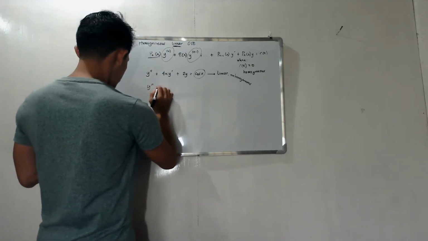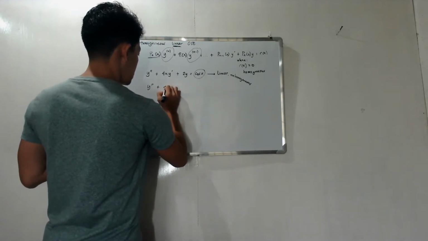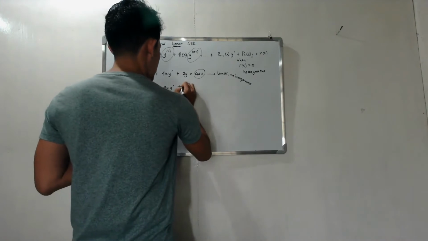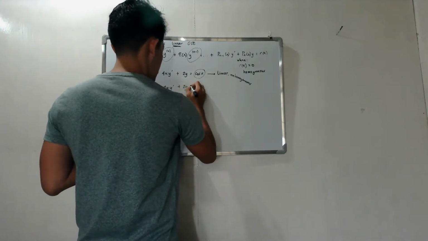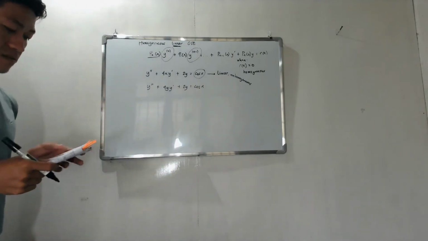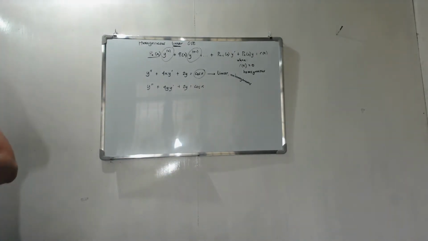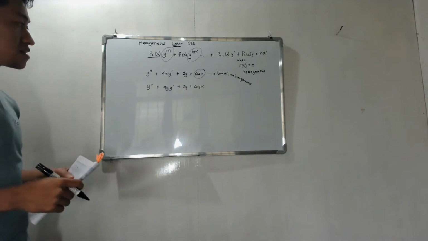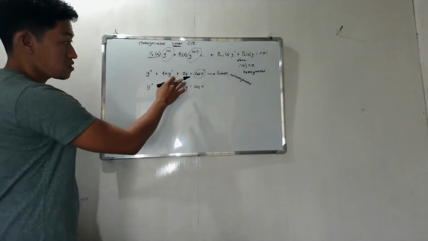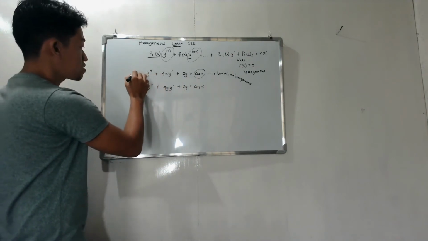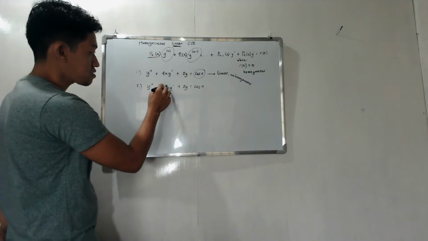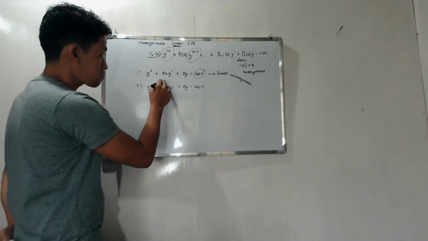Okay, another example. You have y double prime ... okay, is it linear or non-linear? As you have observed, medyo similar sila nitong number 1 example. But ang naiba lang is ito na part.